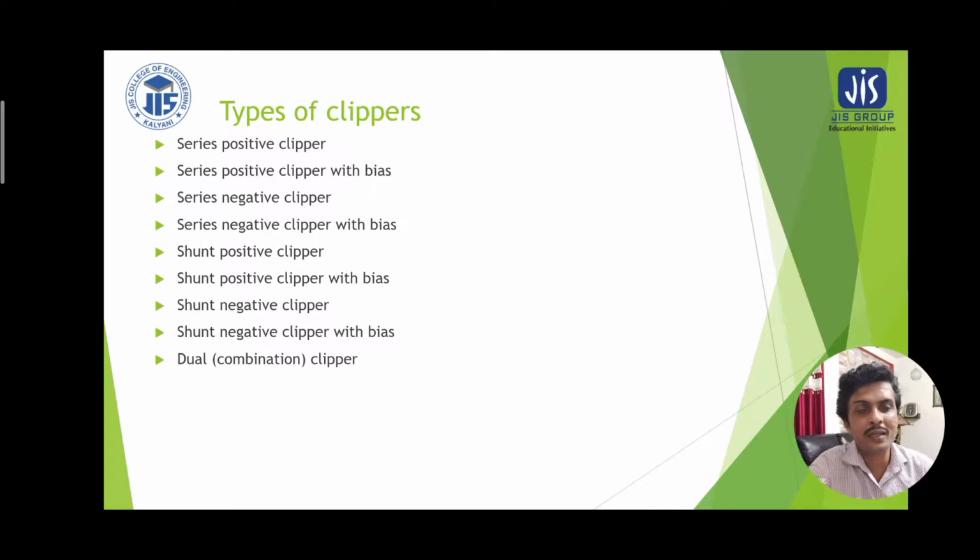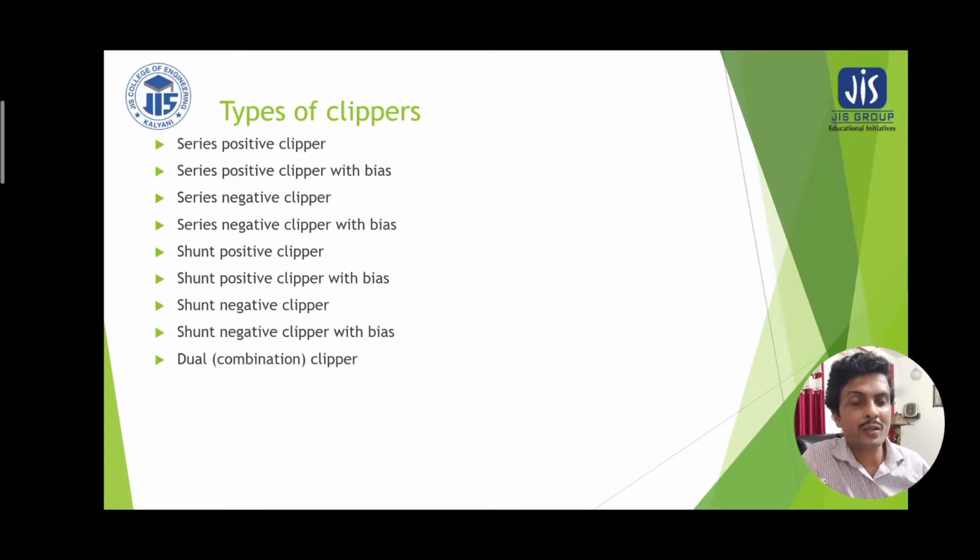We will see the circuit after this slide, where a small battery provides some bias voltage, and therefore the series positive clipper does not completely remove the positive half cycle but partially removes it.